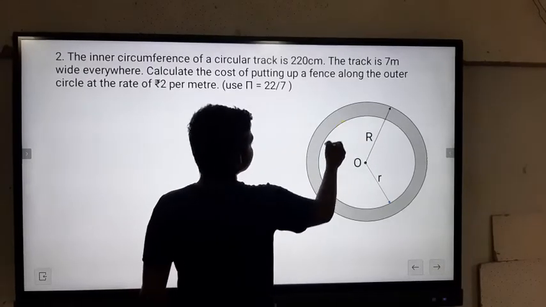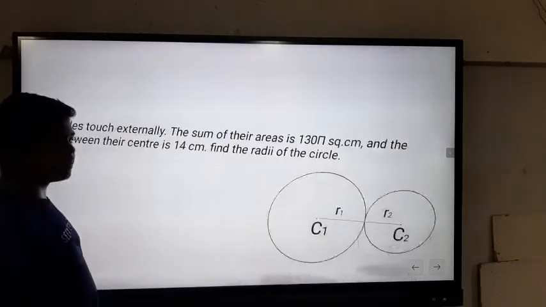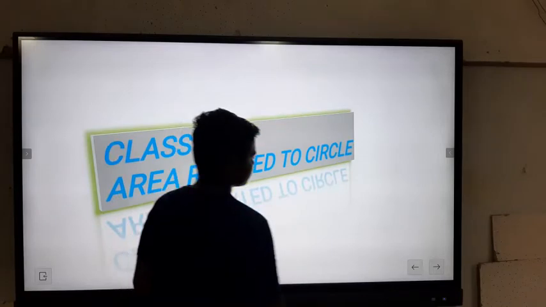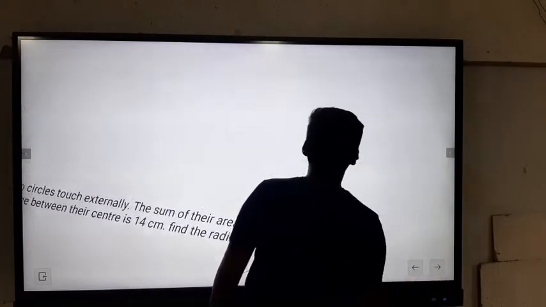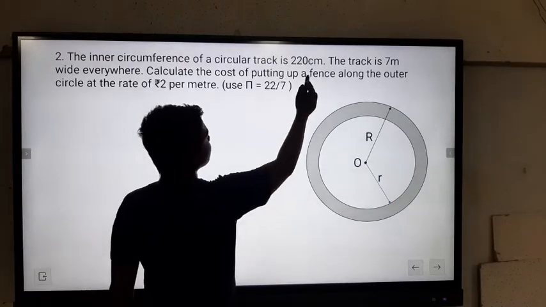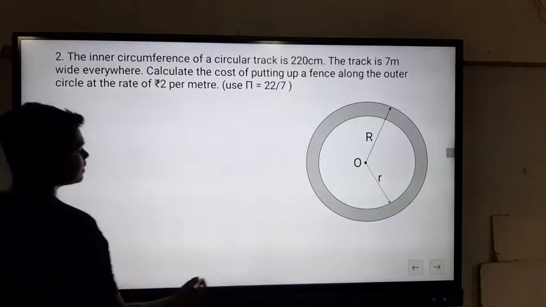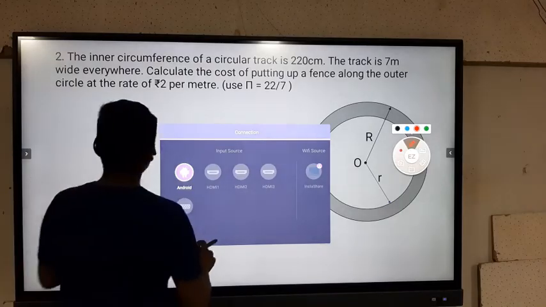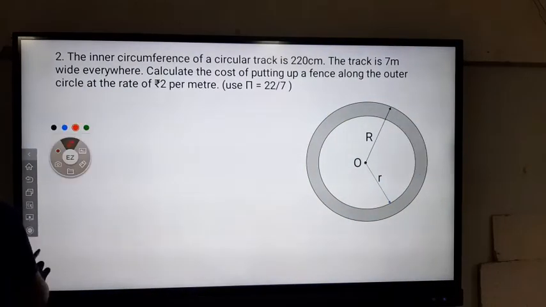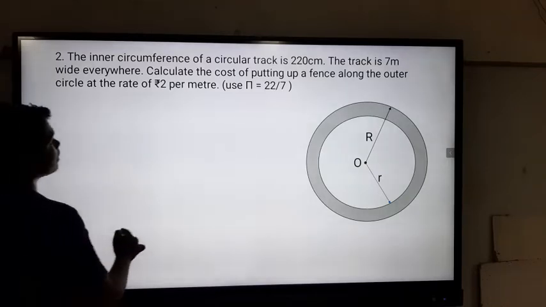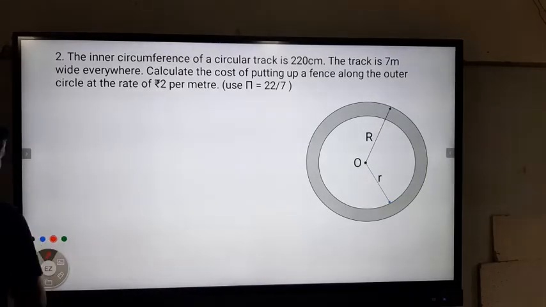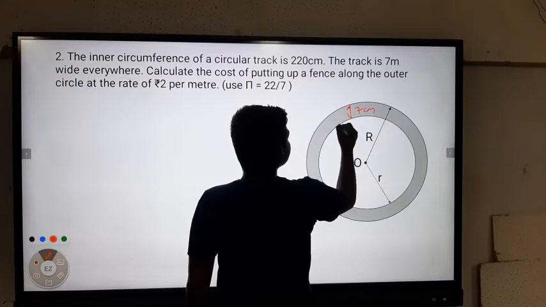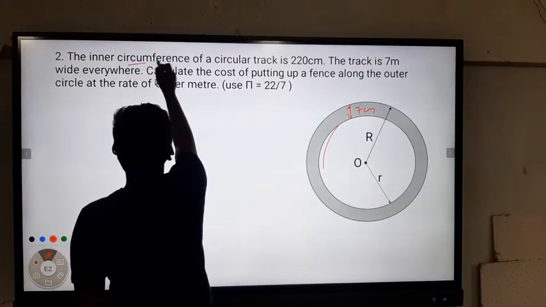This inner circumference is given as 220 centimeter, and the track is 7 meter wide. This track is 7 meter wide.